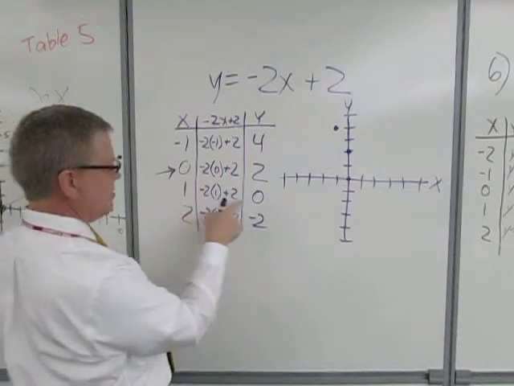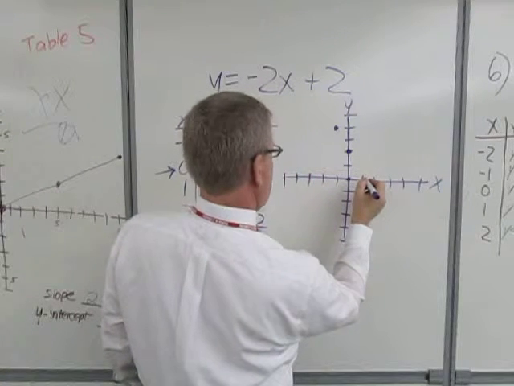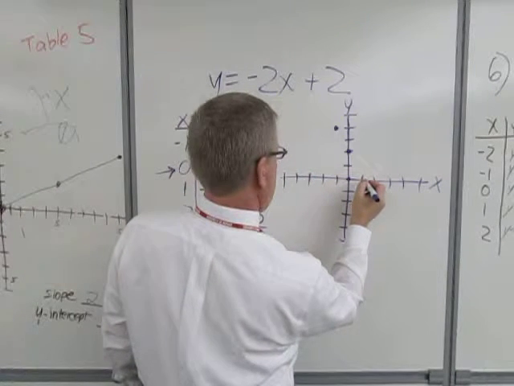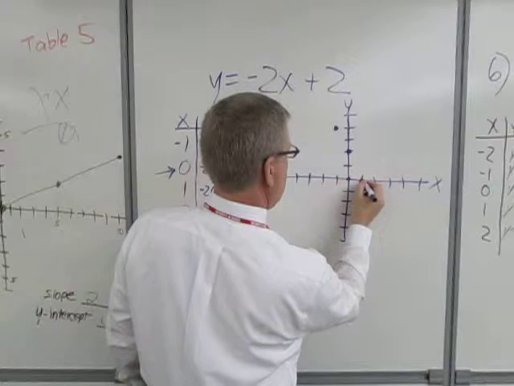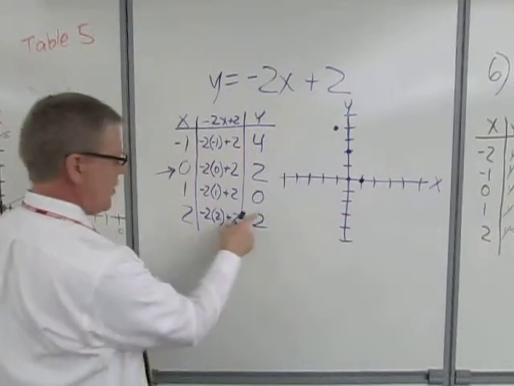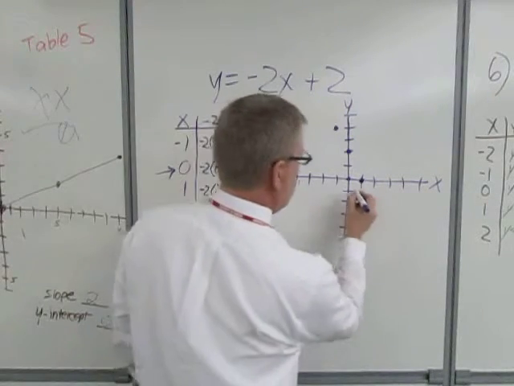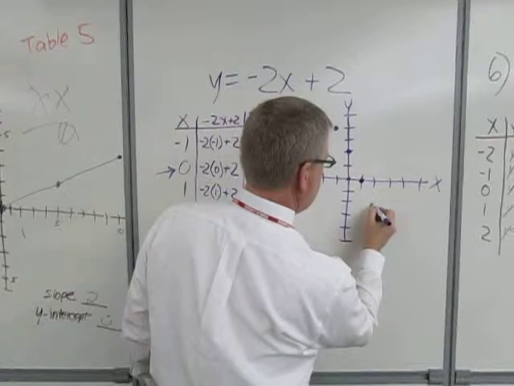Now, when x equals 1, y equals 0, right there. So there's where our line is going to cross the x-axis. When y equals 0, x equals 1. When x equals 2, y equals negative 2.